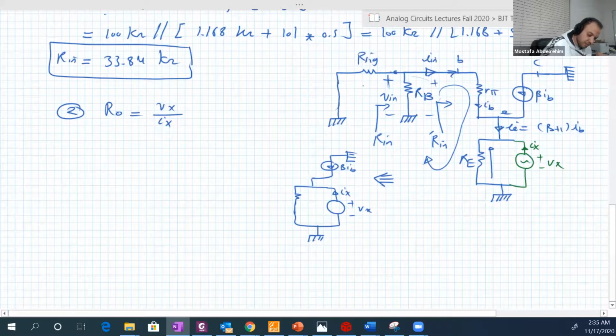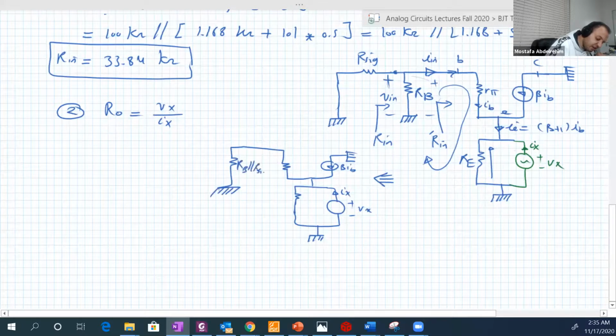So I will just draw one resistance, which is RB capital parallel R signal. Here is R pi. Here is RE. And the current here is IB.